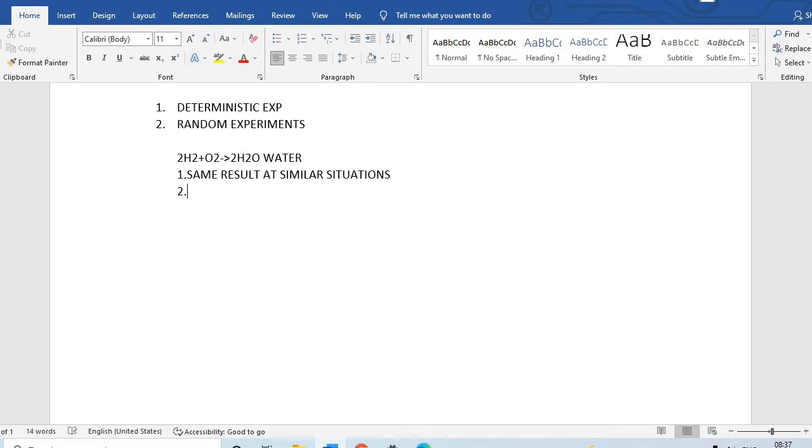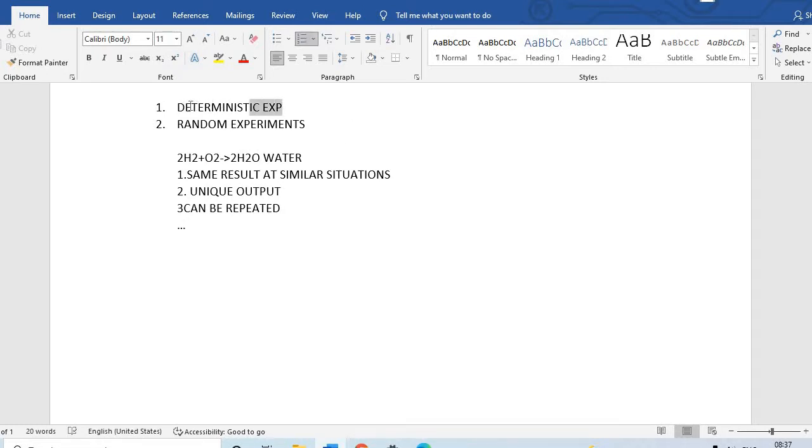Second specialty is the output is unique, and the experiment can be repeated again and again, and then also you will get the same result. These are the specialities of a deterministic experiment.